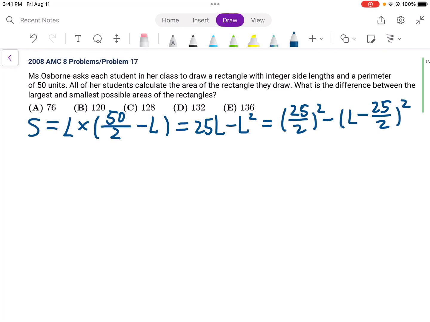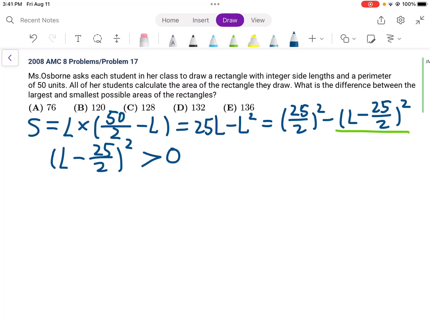So now let's look at this part, L subtract 25 over 2 squared. Because L is an integer here, the square has to be larger than 0.